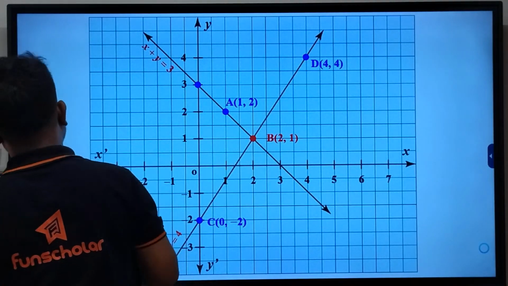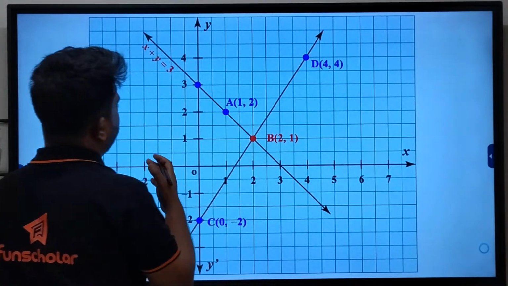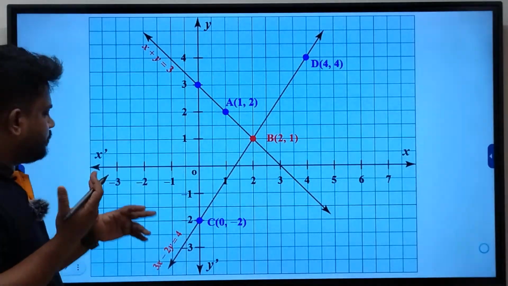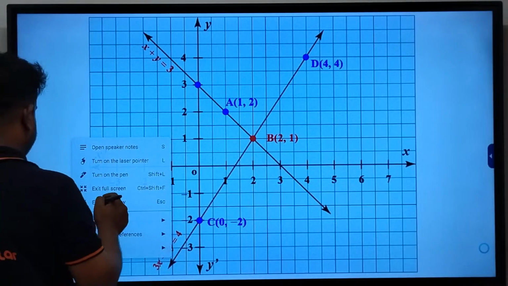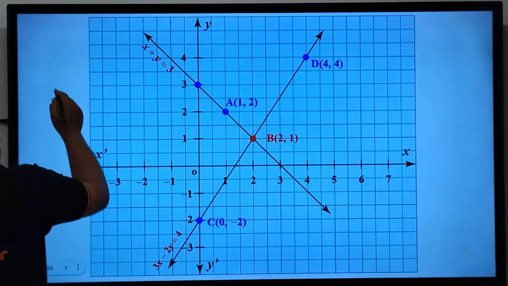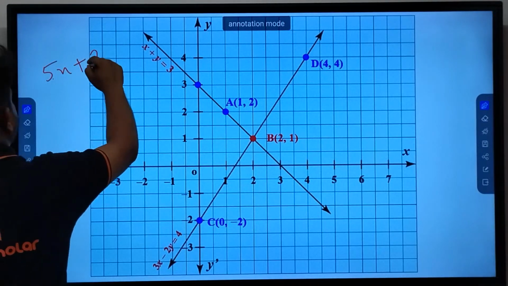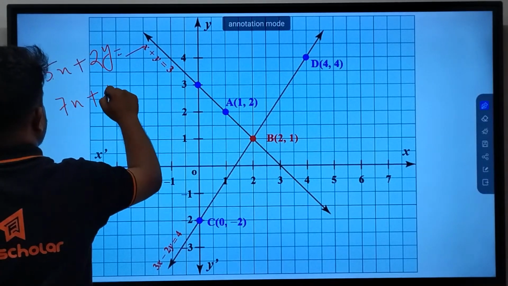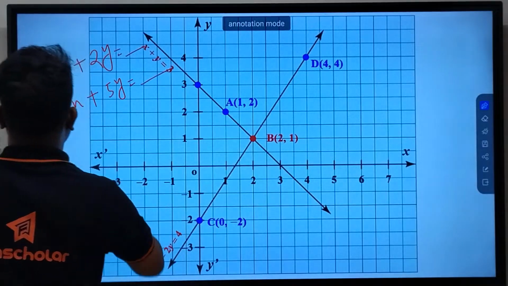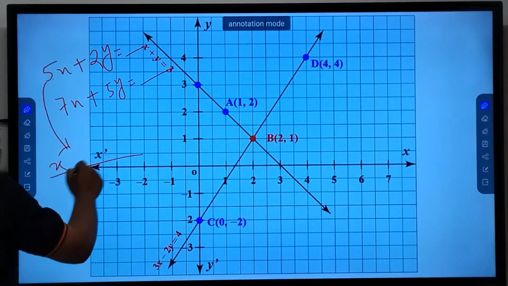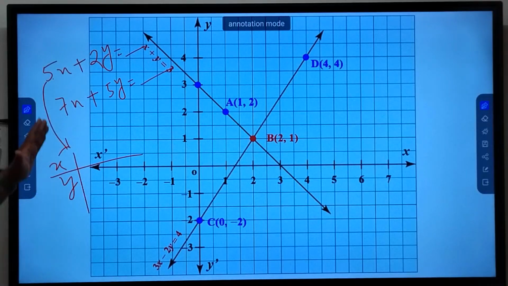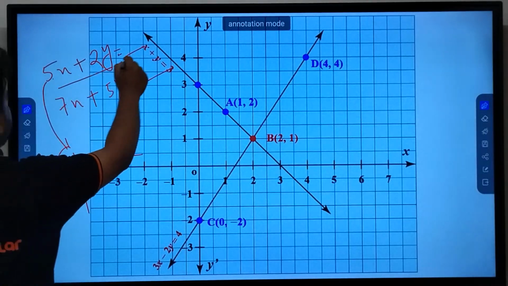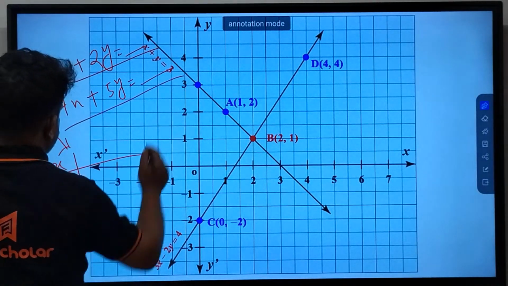If we are given 2 equations, just like 5x plus 2y equals something and 7x plus 5y equals something, we have to find the value of x and y, and to find the value we have to find the points which satisfy this equation and similarly this equation.